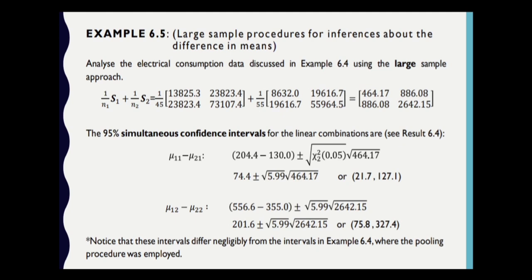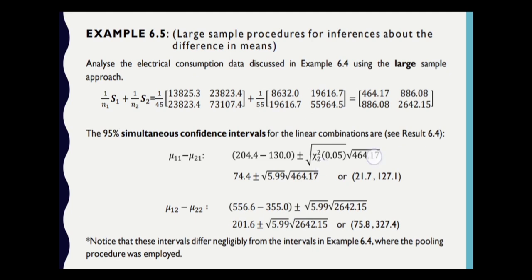Okay, so sama dia punya method. We use the same approach, which is we need to find the confidence interval of the mean difference of the population for both of the variable, because we have two variable tadi kan, x1 and x2. So this one sama. Here kita gantikan dengan chi-square distribution. Degree of freedom is 2 because of P is 2.